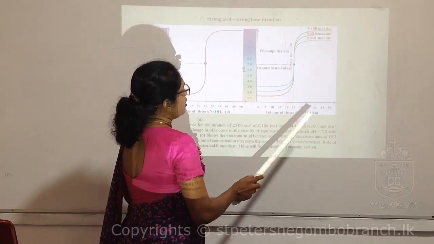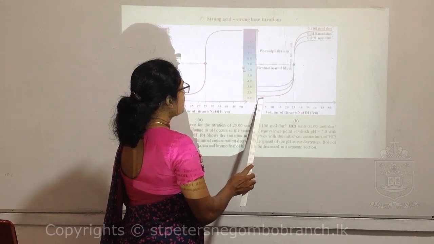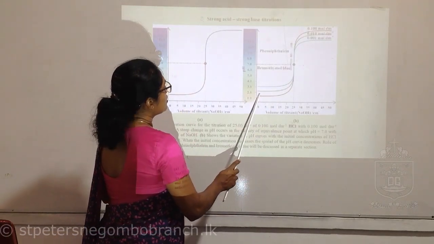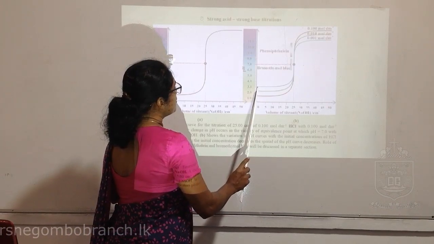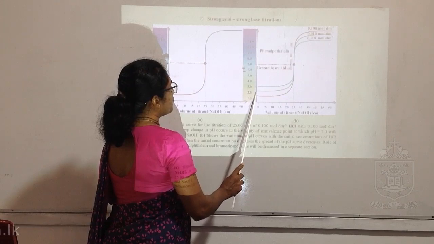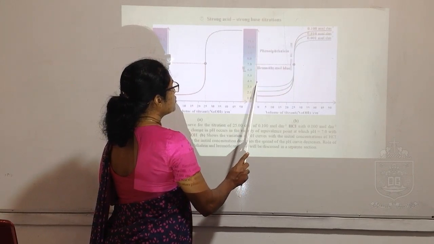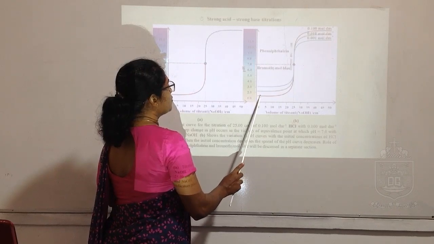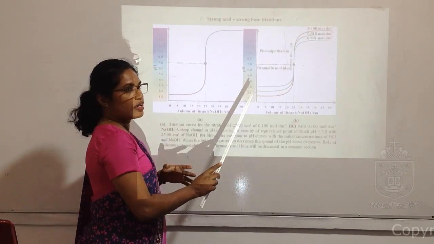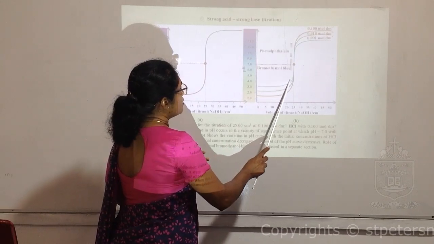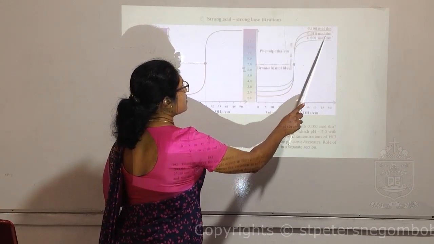When we see this graph, you can see when the strength of acid becomes weaker, here pH 1, pH 2, pH 3. If we use a weaker acid, what happens to the titration curve? It is like this.